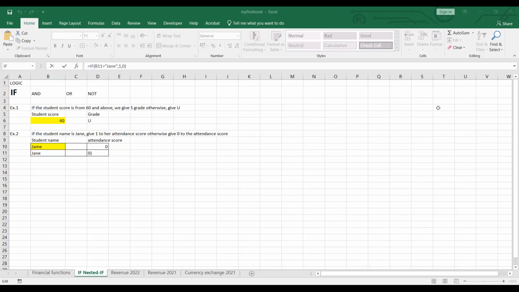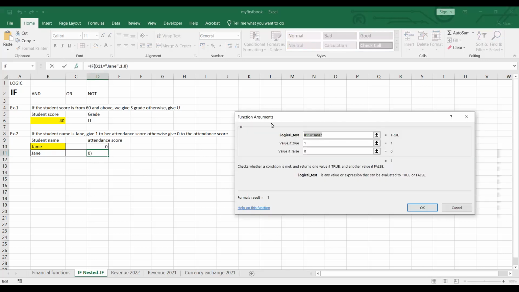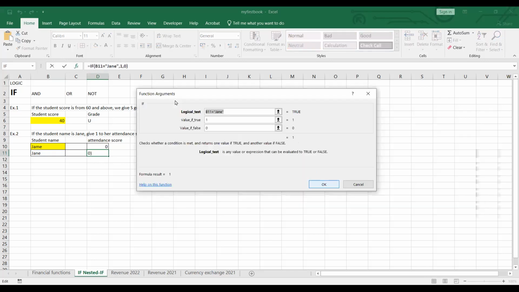Okay, for this example, if you copy this formula into your cell already, don't forget to change the location, because on mine it is B11, but for yours it might be other cells instead. For the formula that you copy into your cell, if you click the FX button, it will still show you the function argument box anyway.